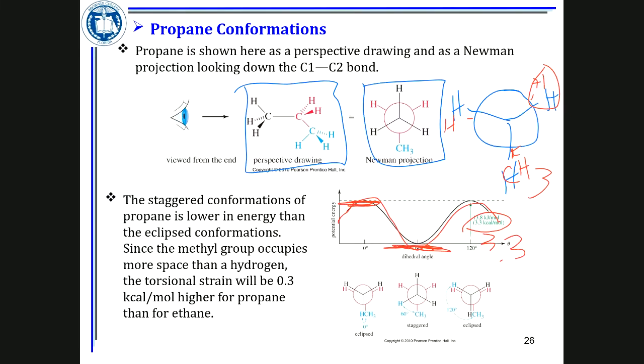We have 2 methyl groups that are very close to one another. And if I rotate this, what about now? The 2 methyl groups are as far as possible from each other, so this is the most stable.